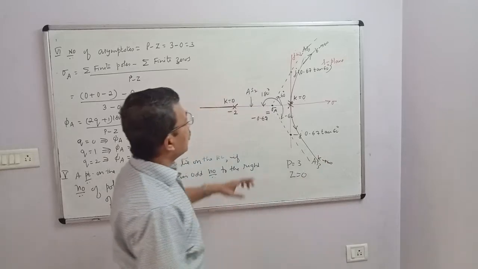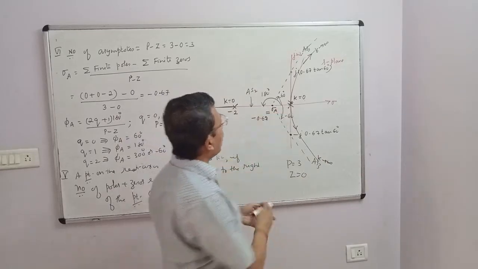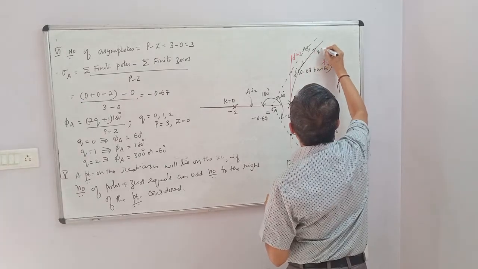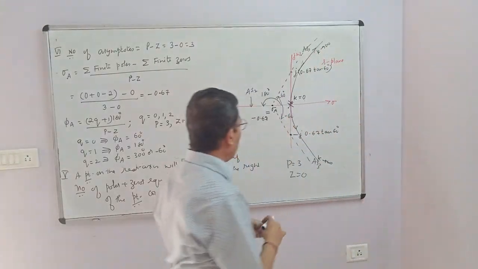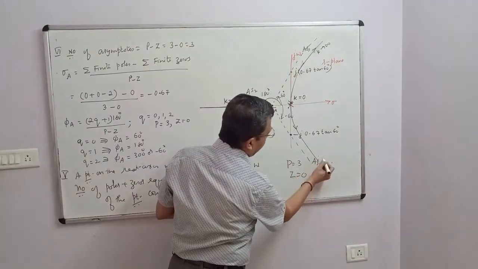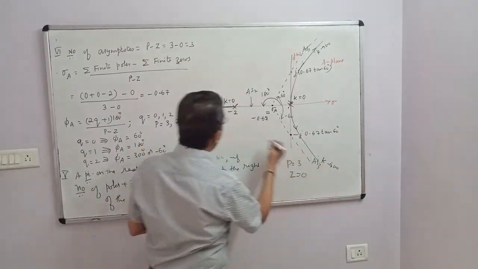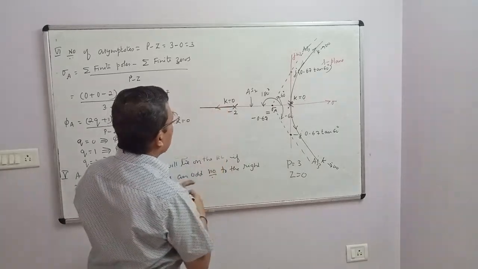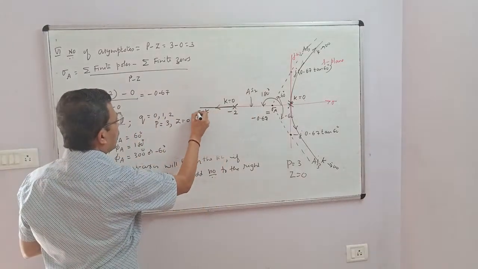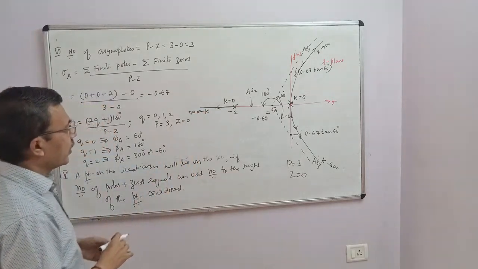One of the poles will go parallel to asymptote AS1. The other pole will go parallel to asymptote AS3. This is the third branch, which will go coalescing with asymptote number 2. This is also going towards k tending to infinity.